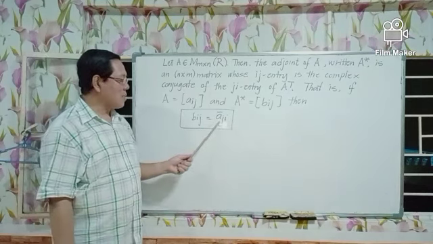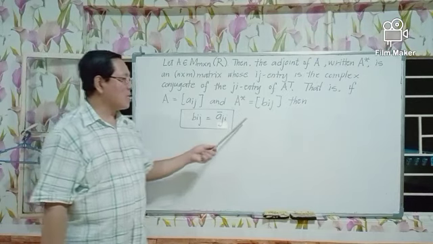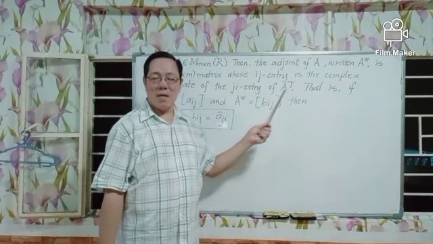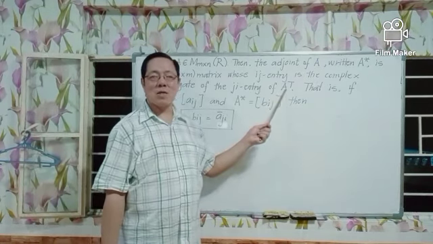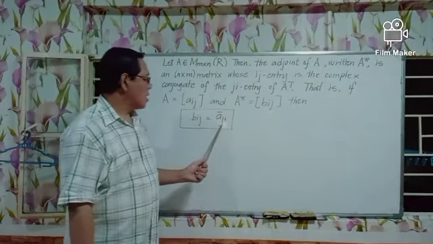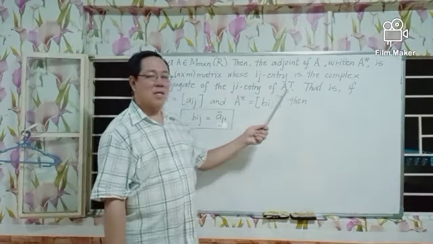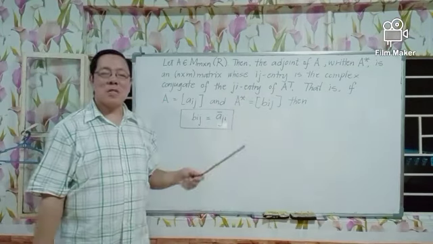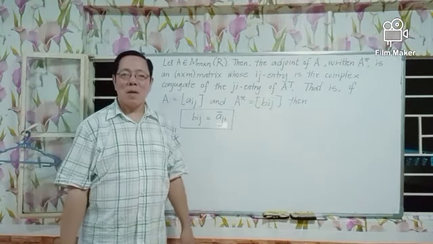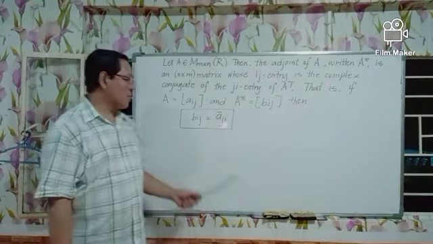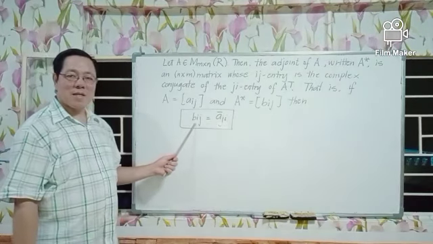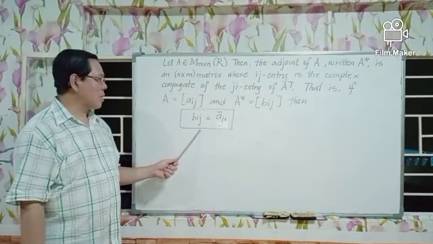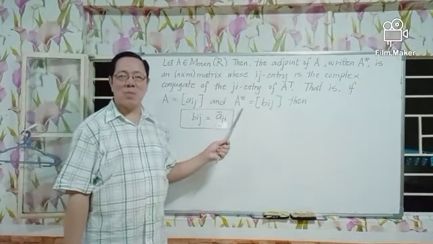The A sub ji entry is actually the entry in the j row and i column of A transpose, and you take its complex conjugate, that will be the entry in the ith row and j column of the adjoint of A.